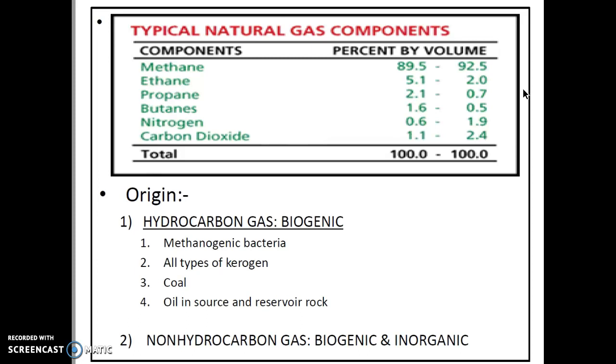Another characteristic of gas compared to oil and water is that gas is very mobile in the subsurface. Therefore, it is found more widely distributed vertically and laterally than oil because it migrates more easily. Also, it is generated from source rocks that are more widely distributed than the source rocks of oil.